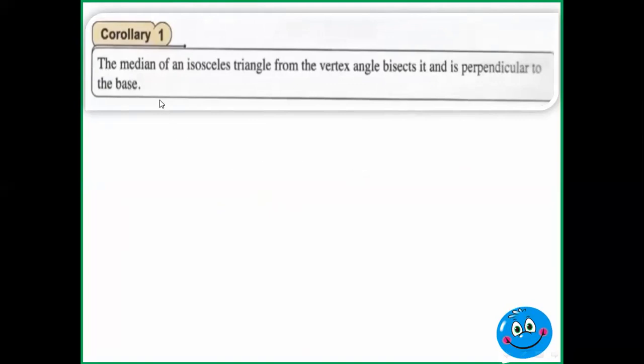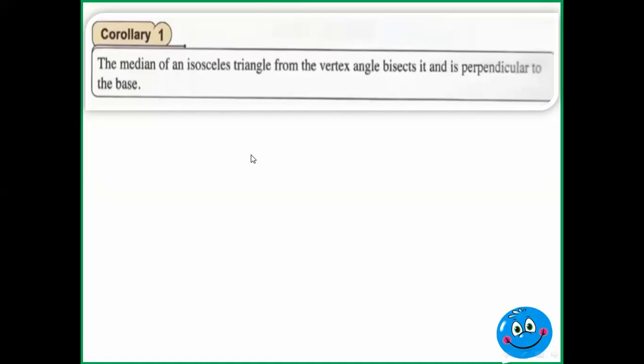Now, the median of an isosceles triangle from the vertex angle: if we have a median in an isosceles triangle from the vertex angle, this median is perpendicular to the base and bisects the vertex angle. Once again, the statement of corollary 1: the median of an isosceles triangle from the vertex angle bisects it and is perpendicular to the base.